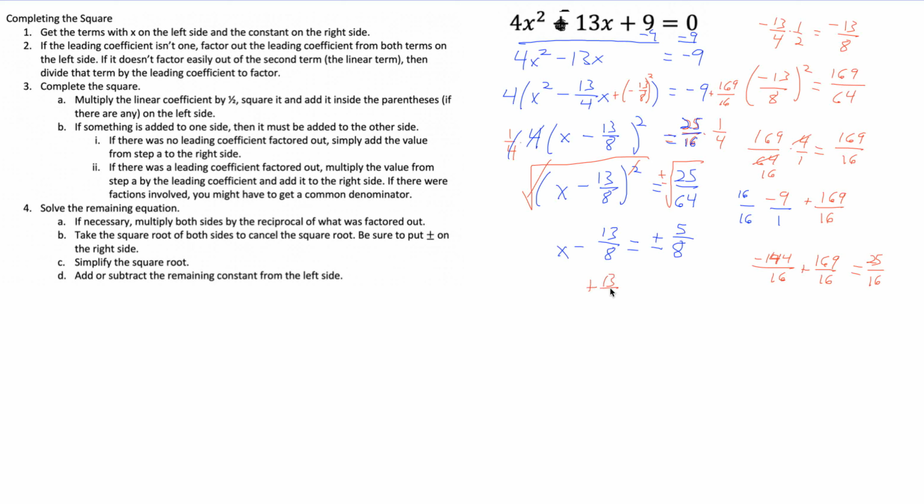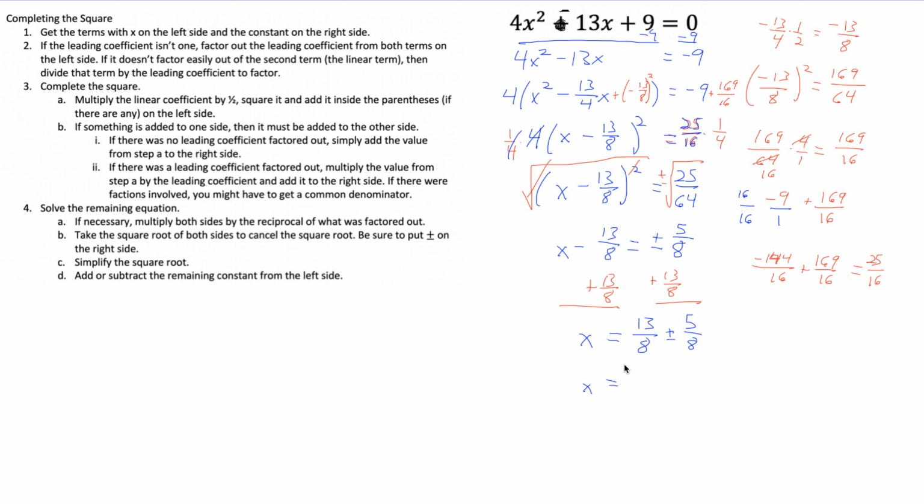So we're going to add 13/8 to both sides to finish solving. And we get x equals, and we like to put the 13/8 first, plus or minus 5/8. And what we do here is, because this isn't irrational, we can actually add these, and the denominators are equal, so we don't even have to get a common denominator. But this means we have two answers.